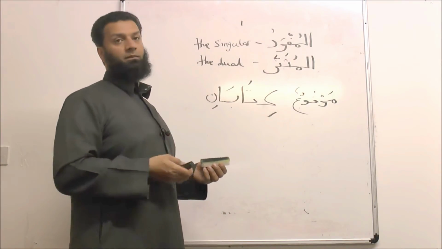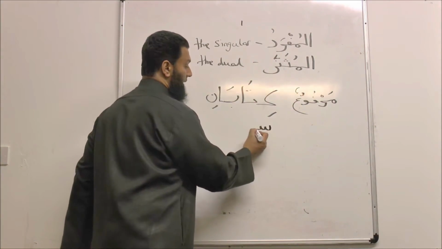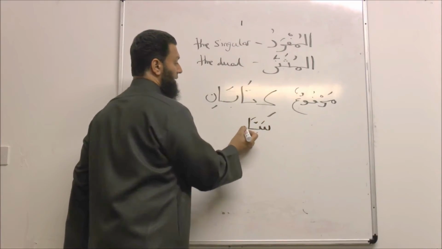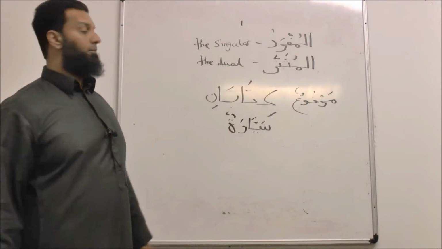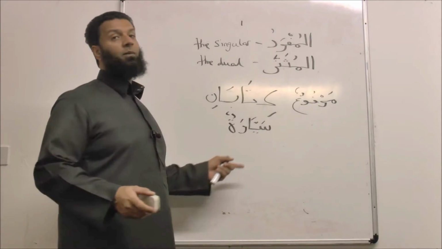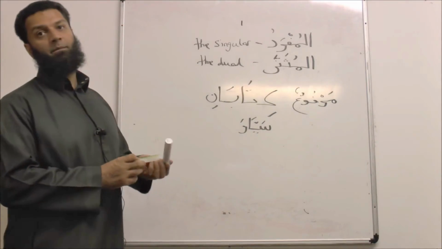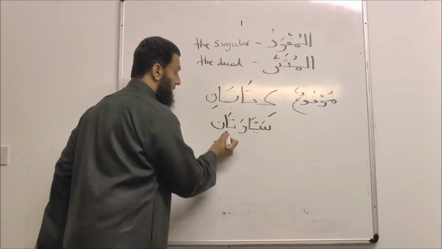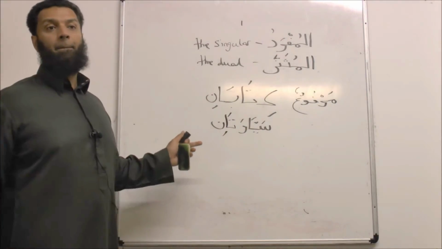Okay, so a female word, the example that you just mentioned, sayyaratun is a car. If we want to say two cars, we say sayyaratani.